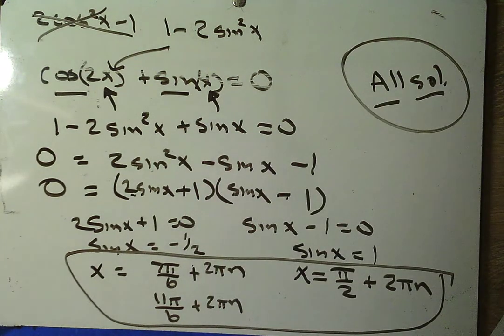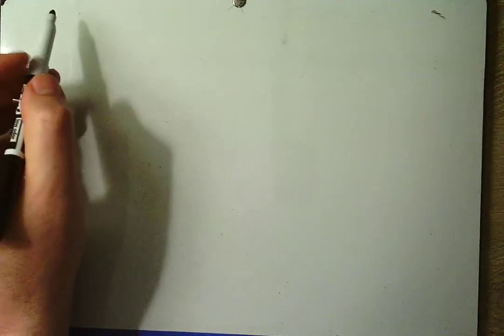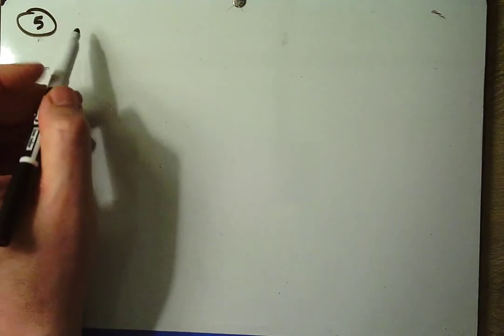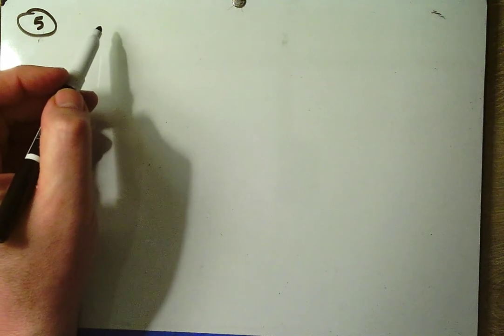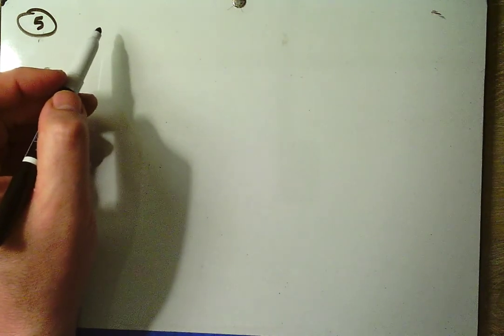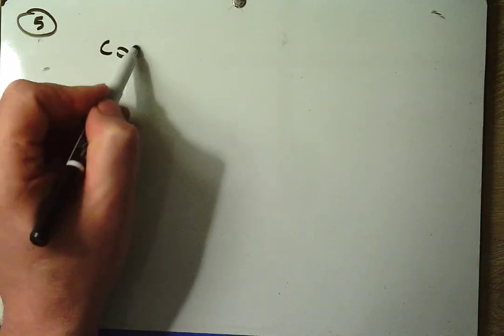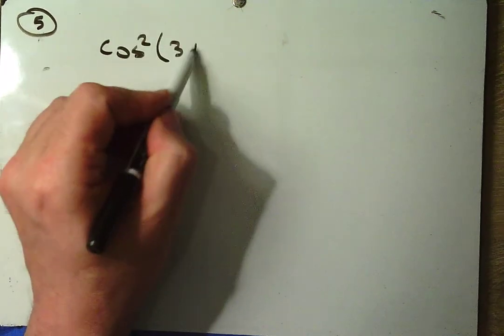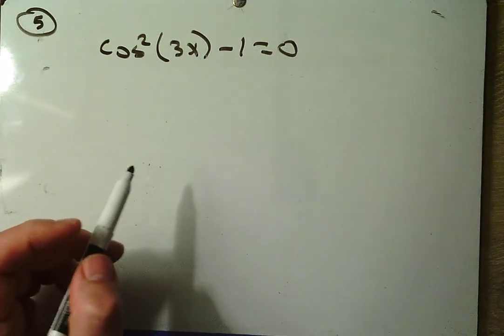Okay, how about this last one? All of these are great test-worthy questions for the Chapter 5 test. But after this, we'll move on and cover the new material, half-angle formulas and power-reducing formulas. Okay, so cosine squared 3x minus 1 equals 0.